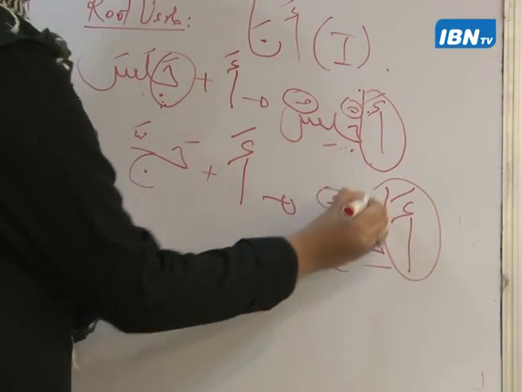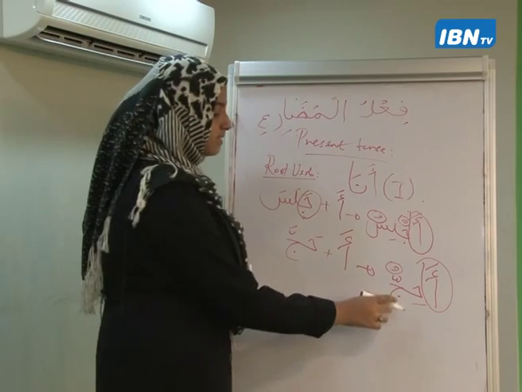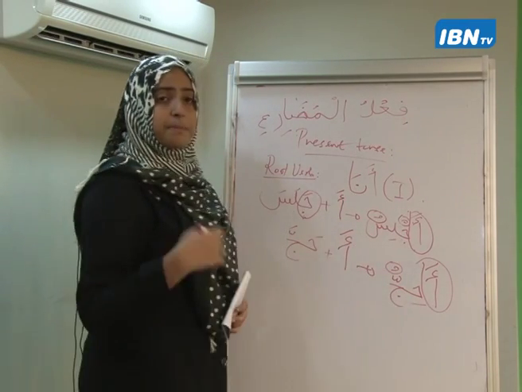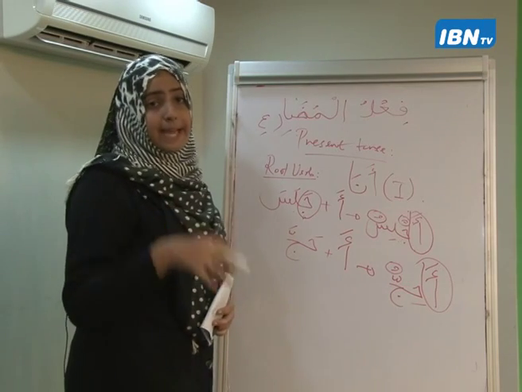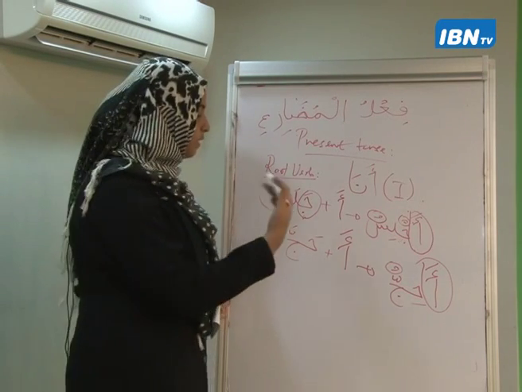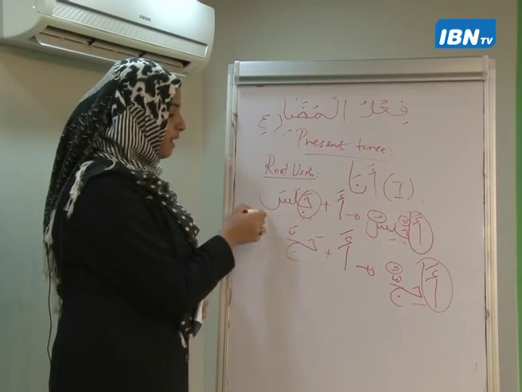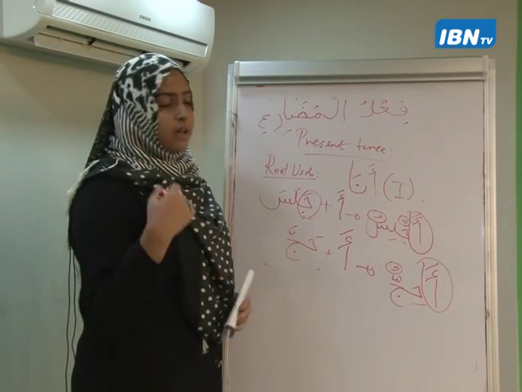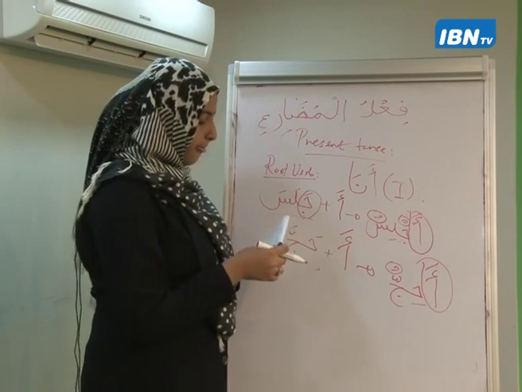The first addition is the same, but this keeps on changing. The first letter of the root verb keeps on changing depending on the pattern of the root verb, okay? Depending on the number of letters, say here we have 3 and here we have 2 letters, depending on the format of the root verb.